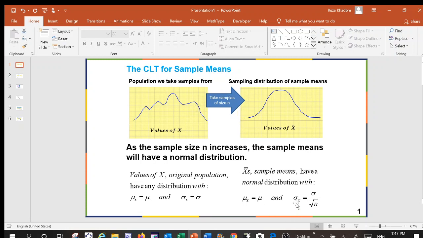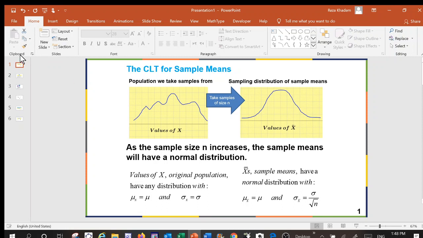The standard deviation of this distribution, which is called the sampling distribution of sample means, is the standard deviation of the population divided by the square root of the sample size.